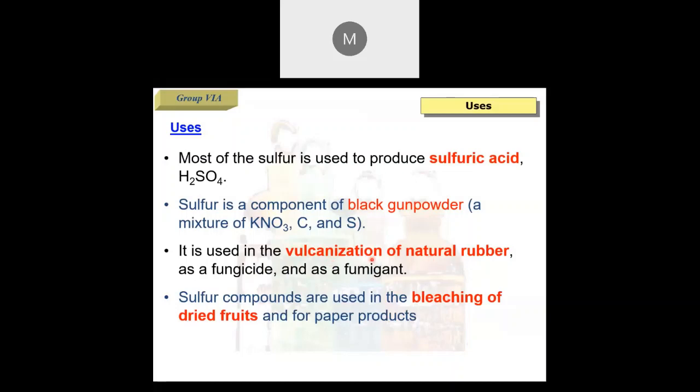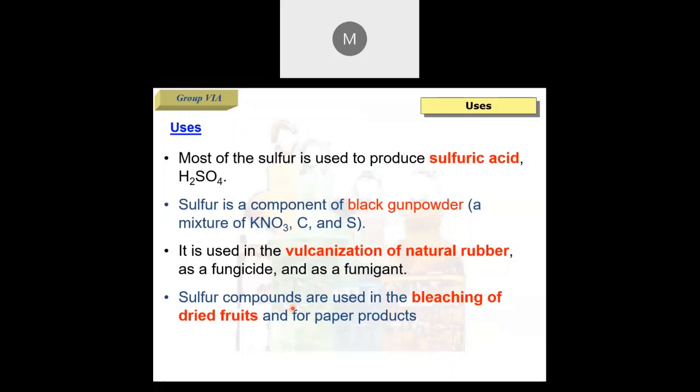We can do the vulcanization of natural rubber. As a fungicide and fumigant, we can also eliminate pests, for example termites, from buildings. We can use sulfur to fumigate and chase away the termites.